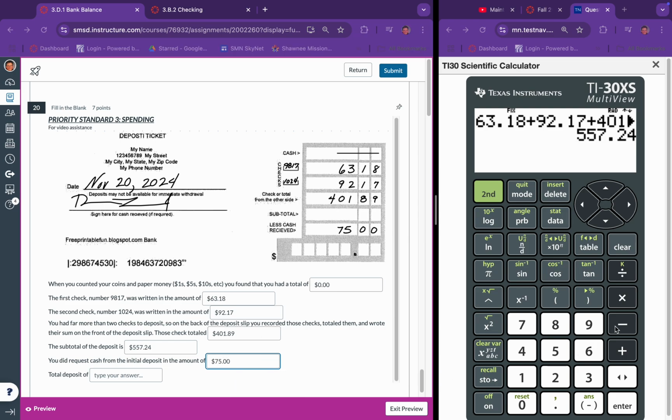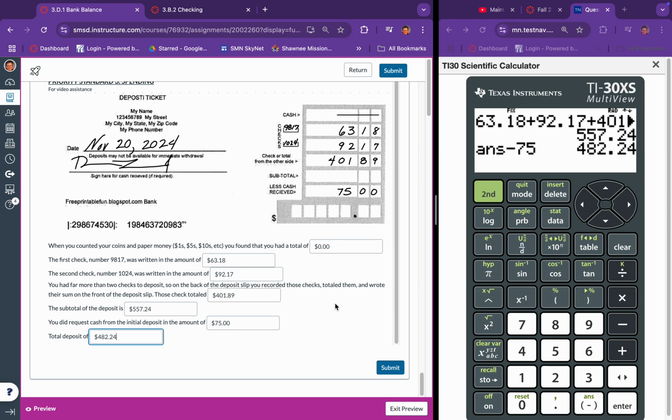And so when we subtract $75 from the amount of checks that you brought in, what really got put into your bank account was $482.24. So when you walked into the bank today, you walked in with a stack of checks written to you, and the total for those checks was $557.24. When you left the bank, you had $75 in your pocket, cash, and $482.24 put into your bank account.